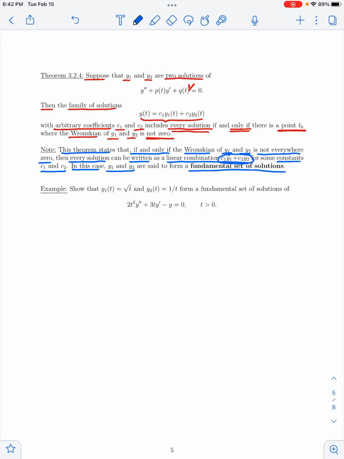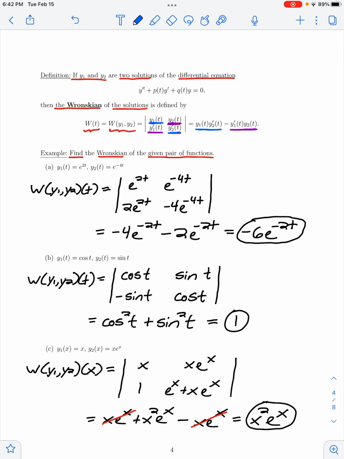If we look back at the previous example for just a moment, we saw here that if we had two exponential functions with different exponents, say 2t and negative 4t, so maybe we got these by looking at a characteristic equation with two distinct real roots, 2 and negative 4, we see that our Wronskian was not equal to 0.